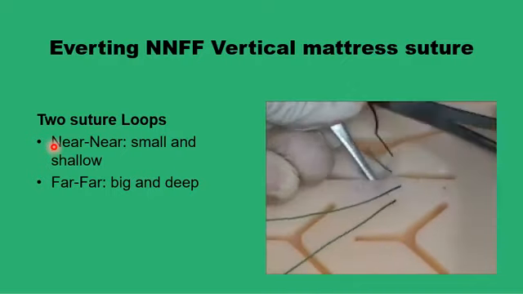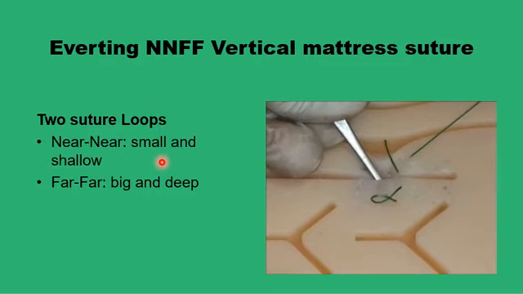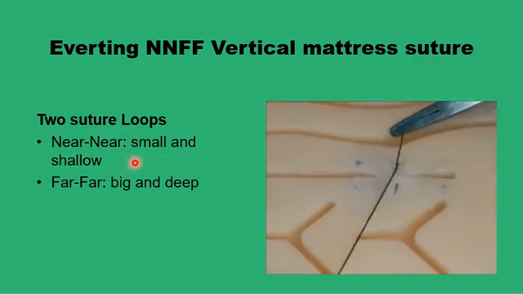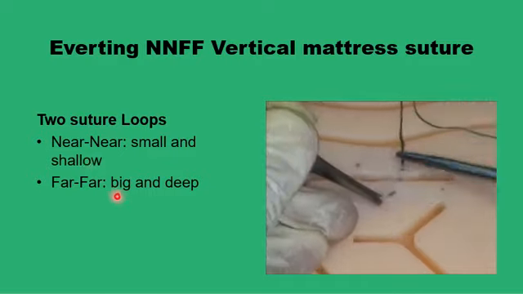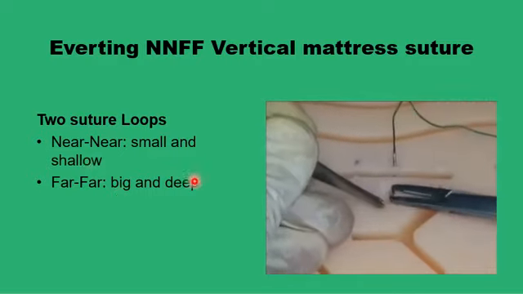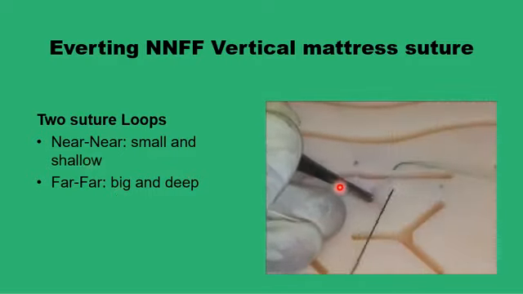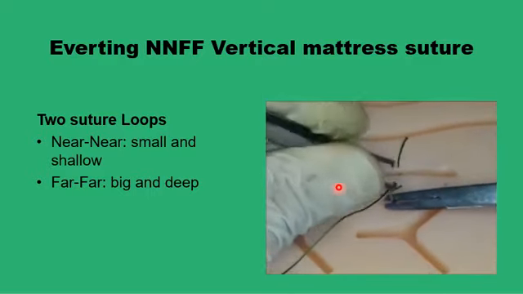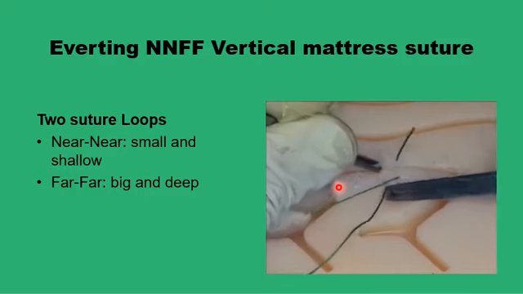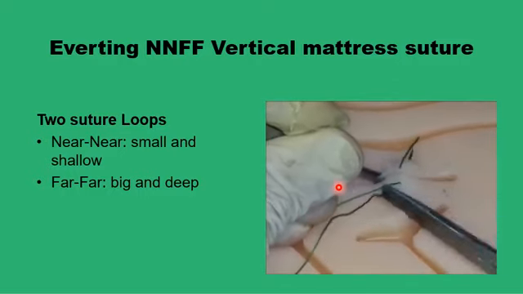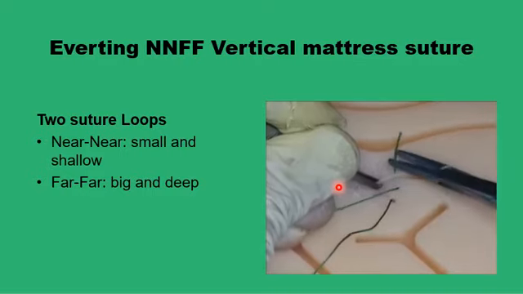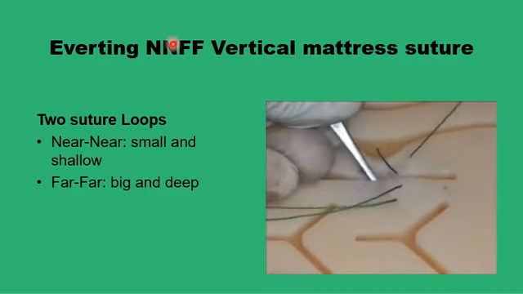This is going to give you the small and shallow loop of suture, and then you go to the far and to the far, which will give you a big and deep one. Starting from the near to the near, like in here, will allow more precise approximation of the wound edges beside a special landmark, followed by the far to the far, and then the knot will be tied.